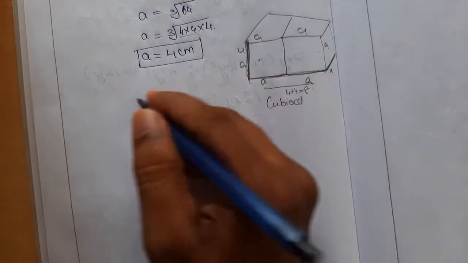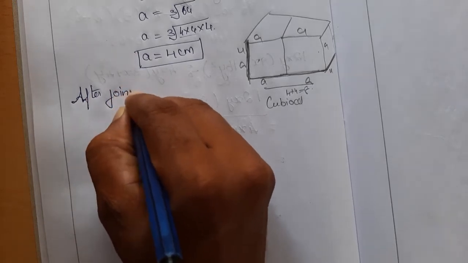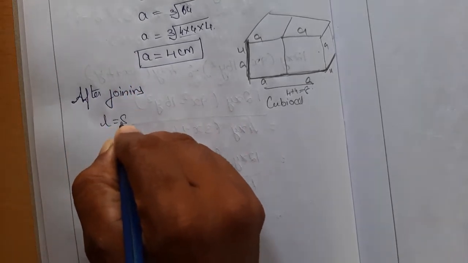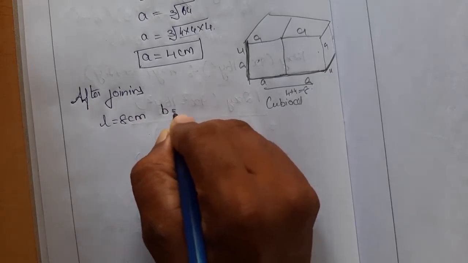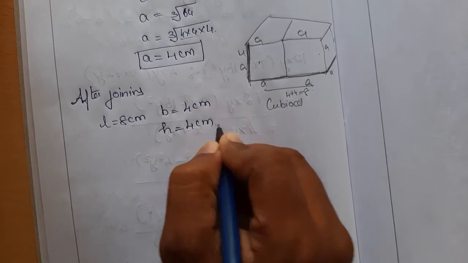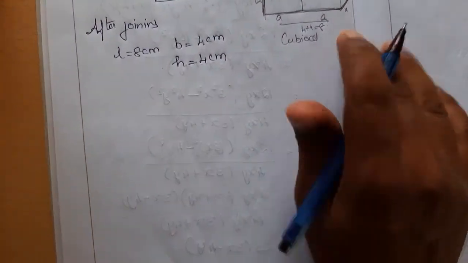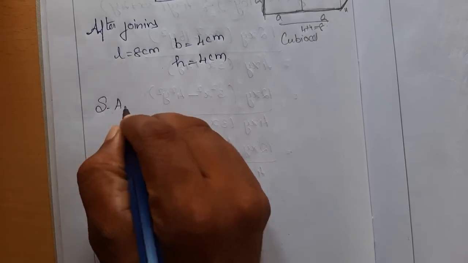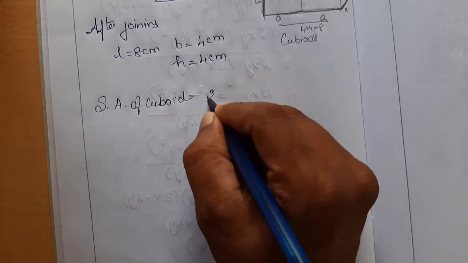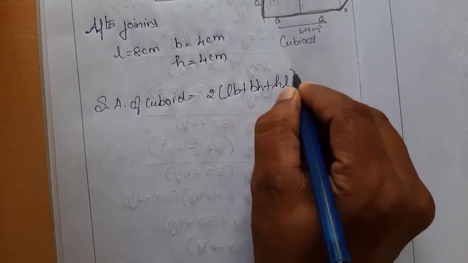So after joining we got a cuboid. The length is equal to 8 centimeter, the breadth is equal to 4 centimeter, and the height is equal to 4 centimeter. They asked to find the surface area of the resulting cuboid. So the surface area of the cuboid formula is 2 into LB plus BH plus HL, right?